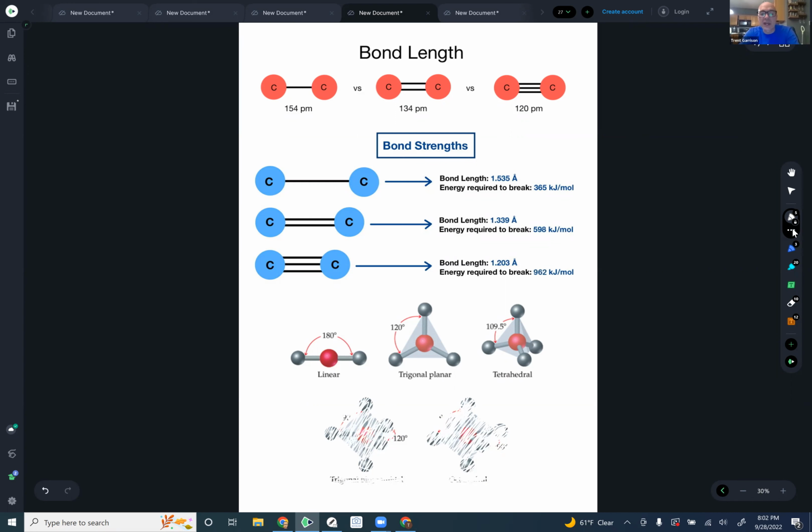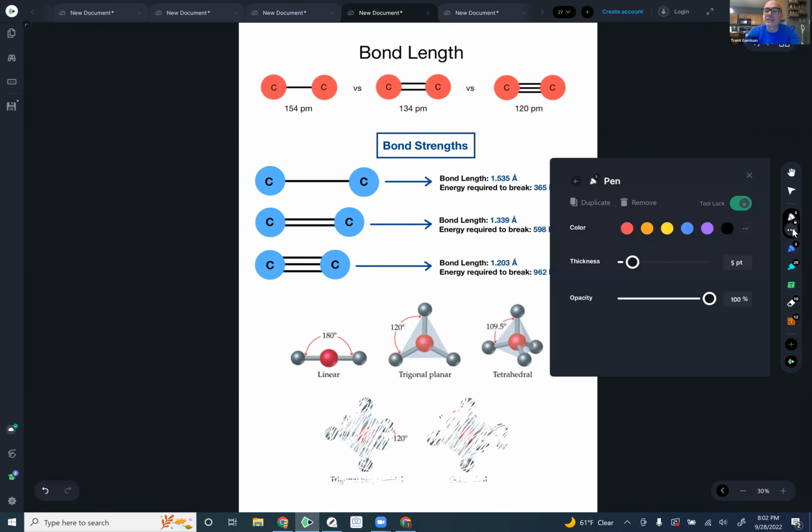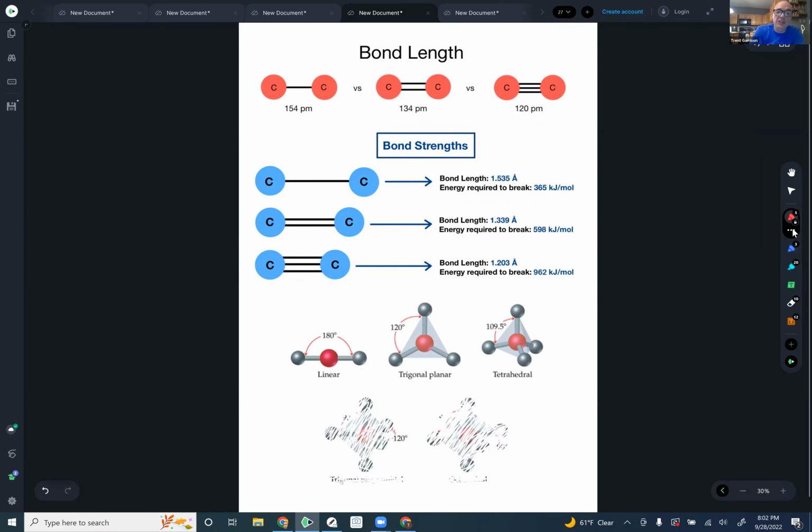So we've got 3 different shapes that we need to be able to distinguish and tell what their angle is. And what you would need to know is that from geometry, this is prior knowledge, you already know, a straight line has an angle of 180. If we were to bring that angle all the way around, the sum of all of those would be 360. So with that in mind, a circle has 360 degrees.